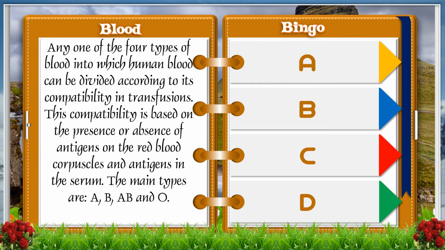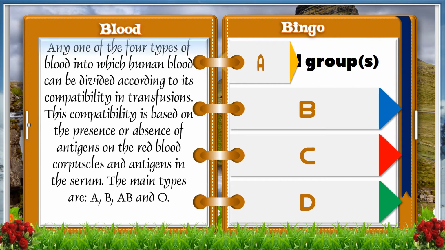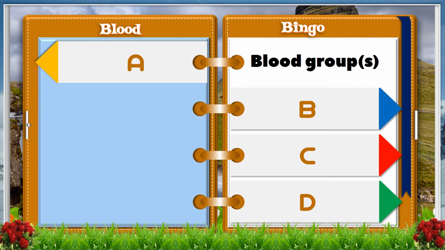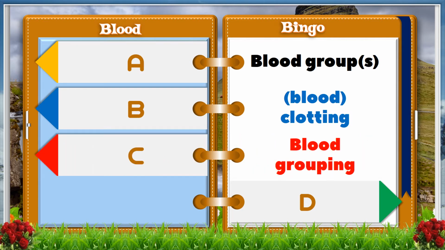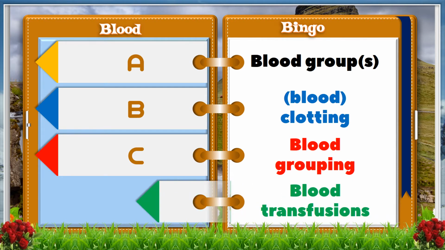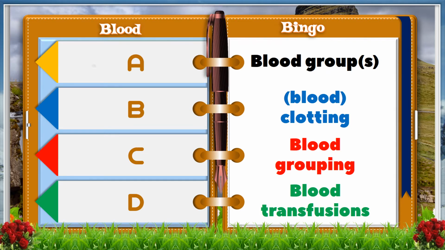The main types are A, B, AB, and O. A. Blood groups. B. Blood protein. C. Blood grouping. D. Blood transfusion. And the answer is A. Blood groups.